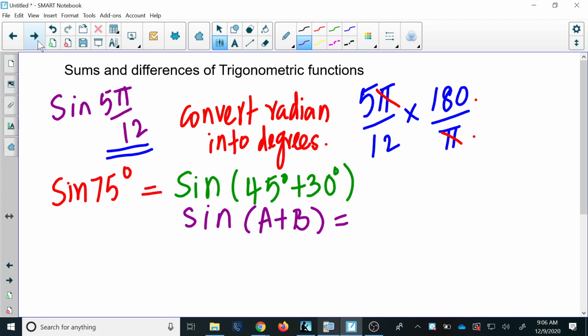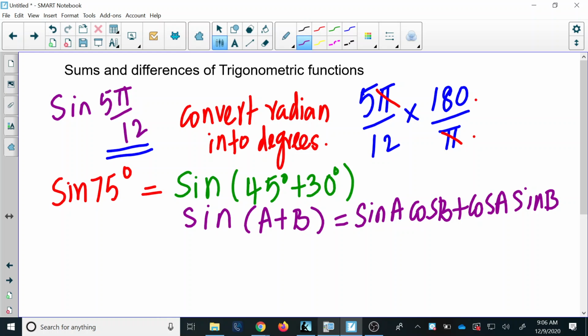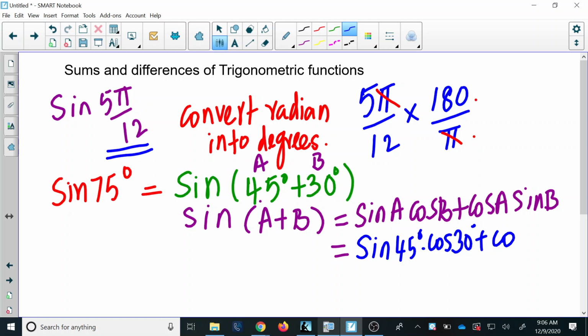In other words, sine A plus B is sine A cos B plus cos A sine B. Now this is sine 45 plus 30, so A is 45 and B is 30. I'm going to substitute those values: sine 45 times cos 30 plus cos 45 sine 30.